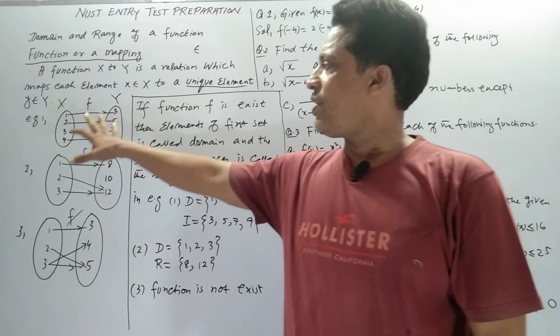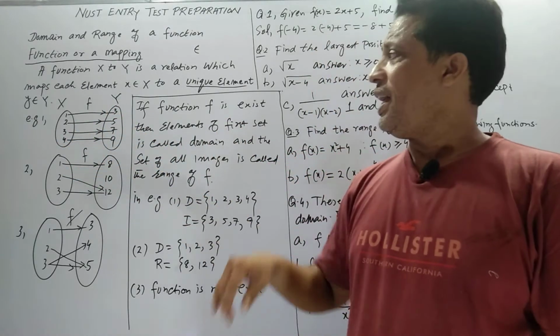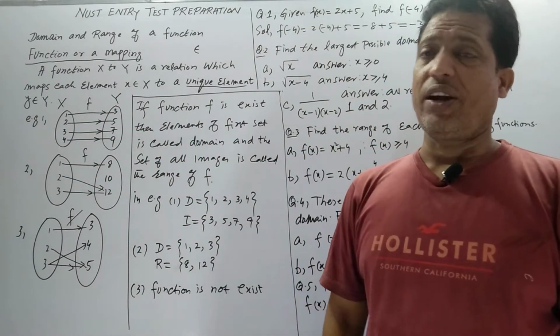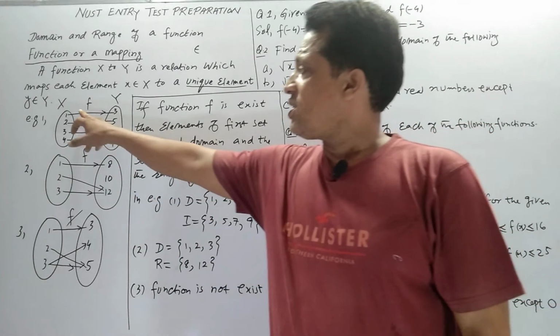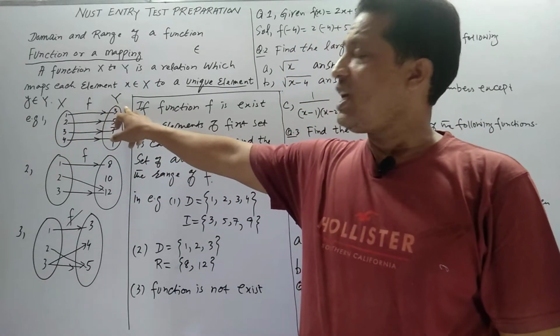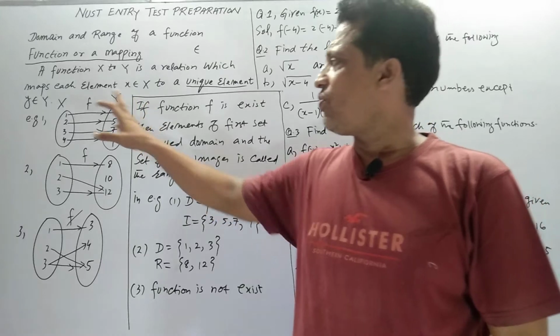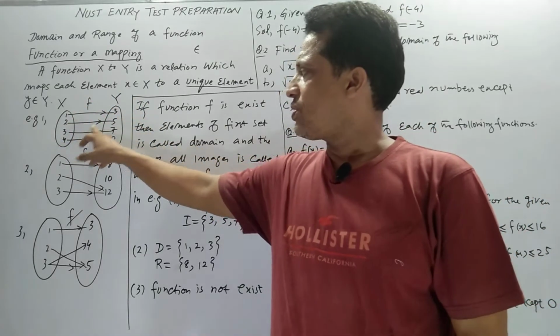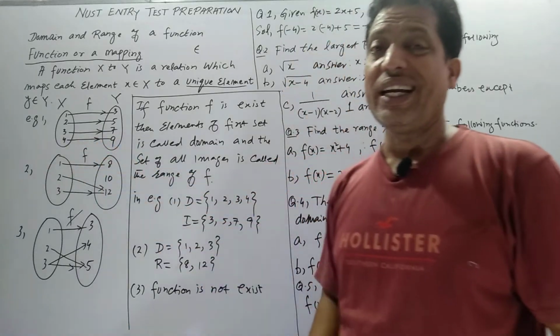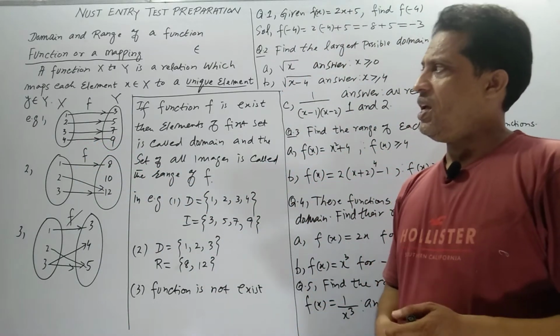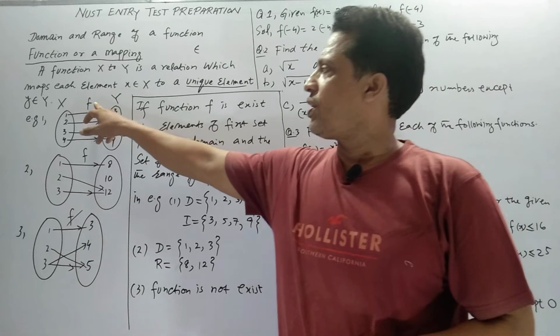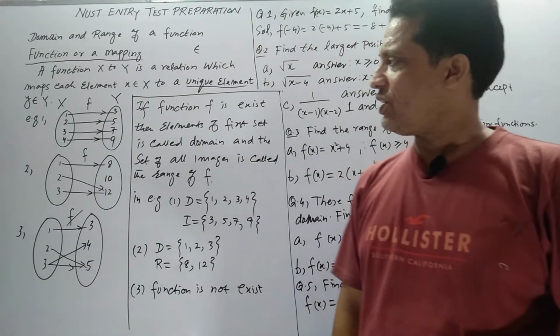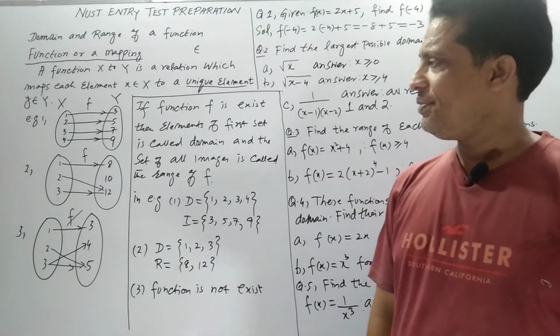So 1, 2, 3, 4 are involved, and the second and most important requirement is each element goes to a unique element of the second set. So 1 goes to 3, 2 goes to 5, 3 goes to 7, 4 goes to 9. So it is a function. Therefore, we call it F. F stands for function.